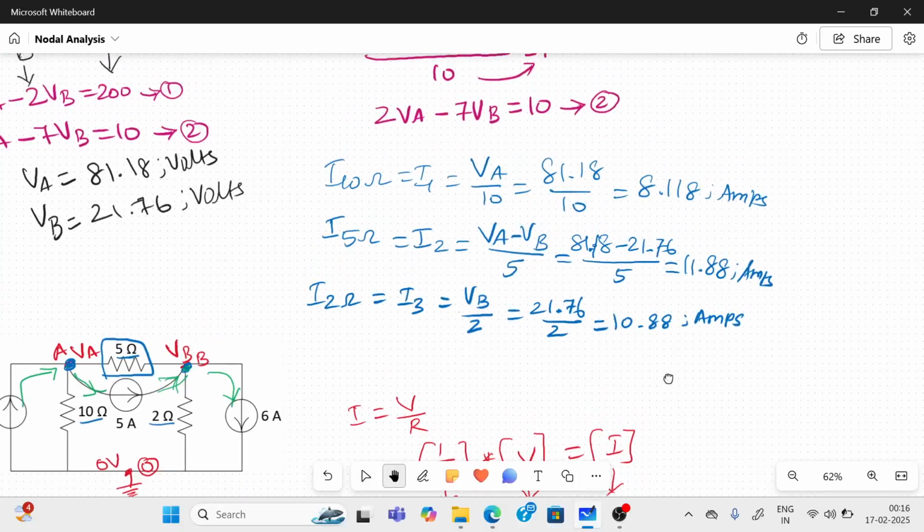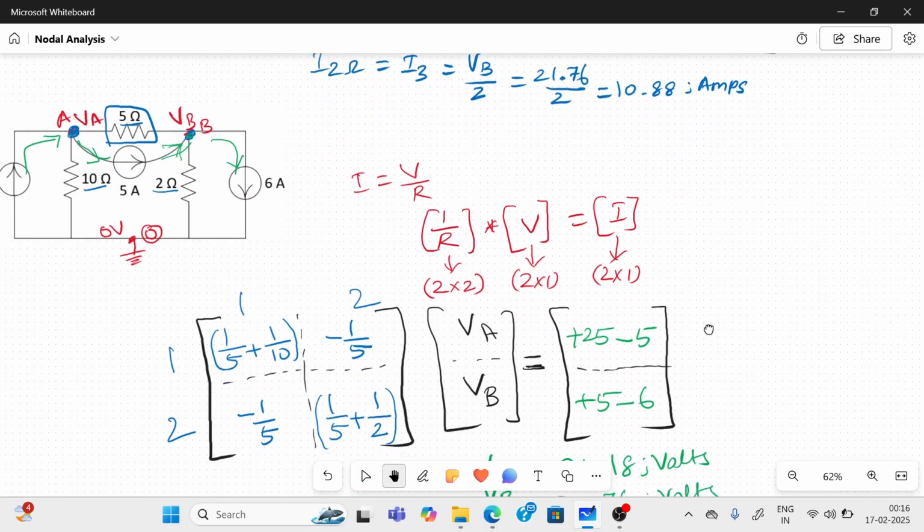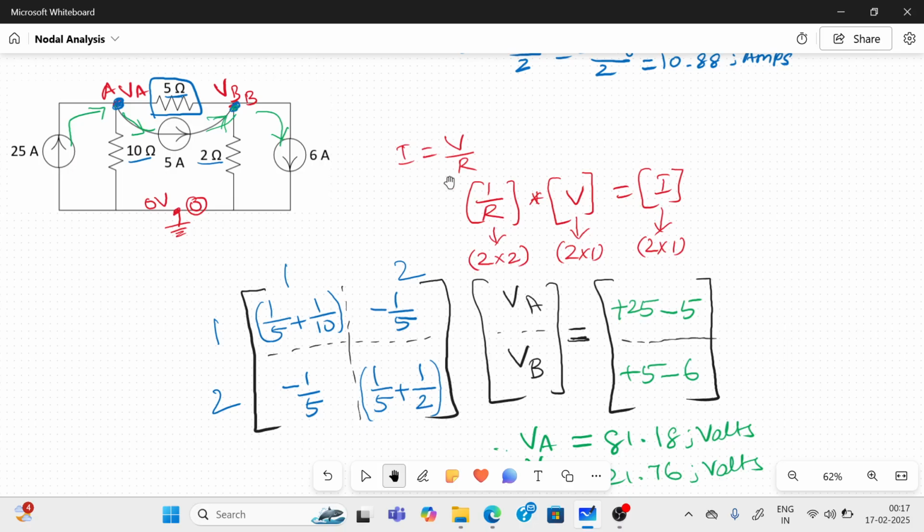Okay, either we can use method 1 or method 2. If you are comfortable with the matrix, you can solve by matrix. And what is the condition for solving by matrix? We have all the sources as current sources, right? All the sources should be current sources.